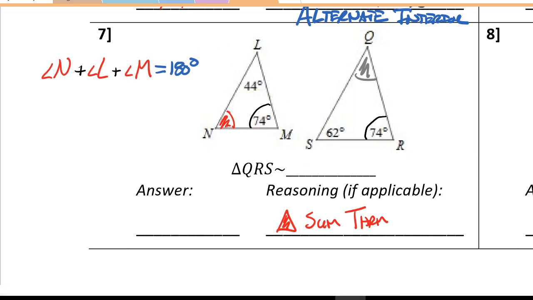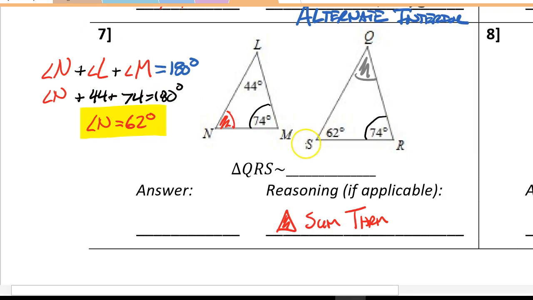So by substitution, angle N plus 44 plus 74 should be equal to 180, meaning that angle N is 62, also equal to the other triangle's angle.